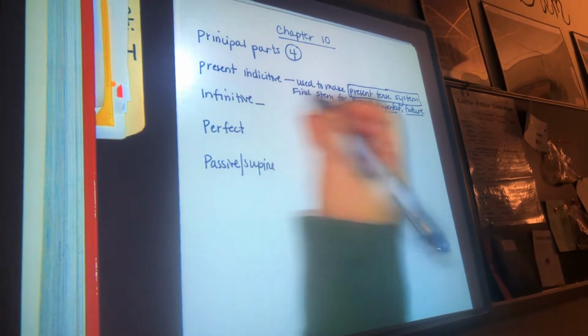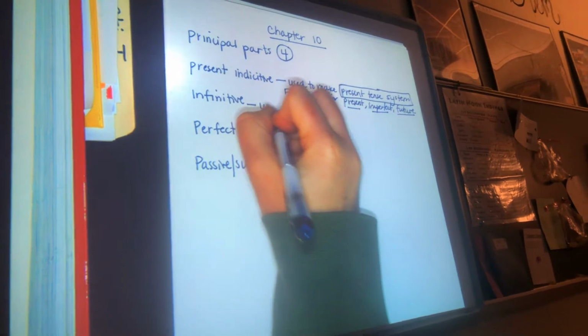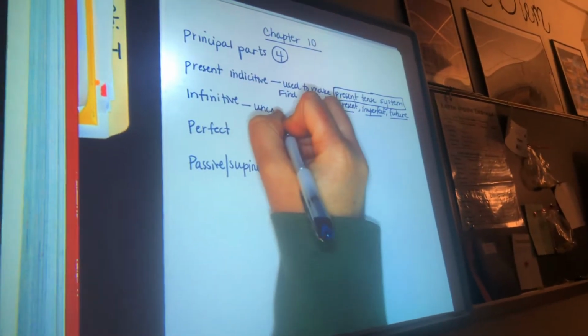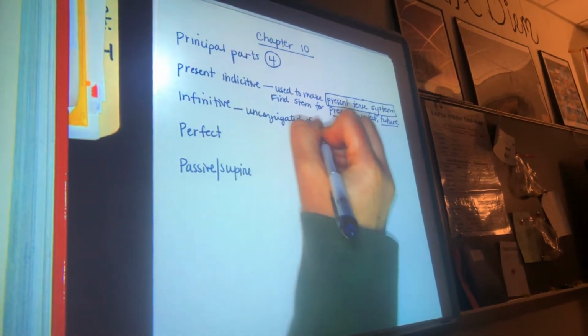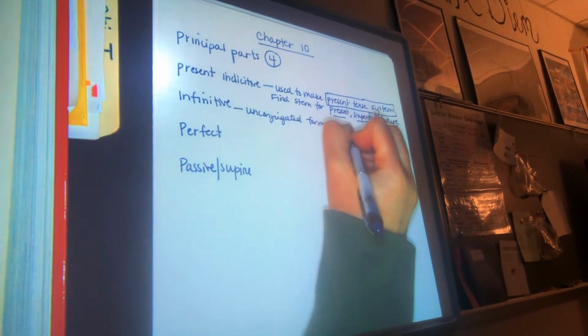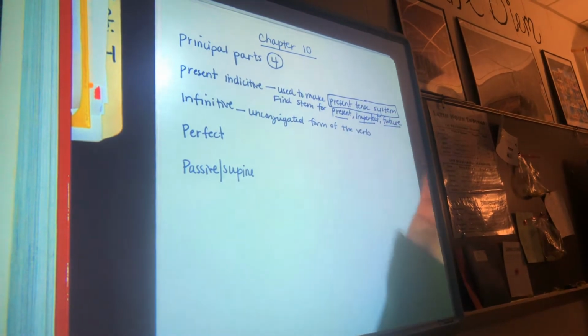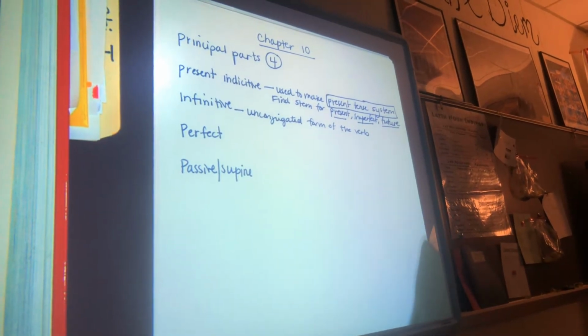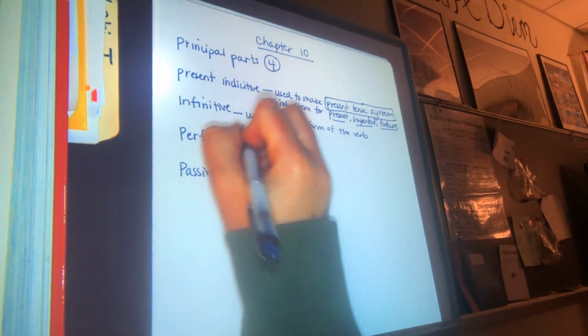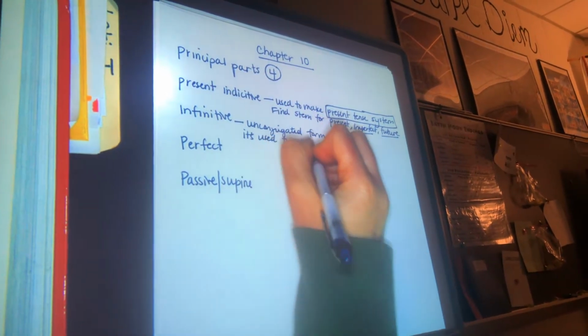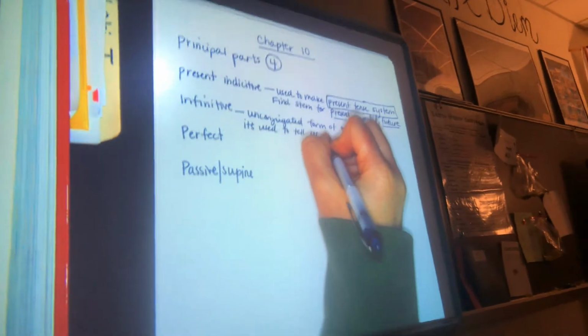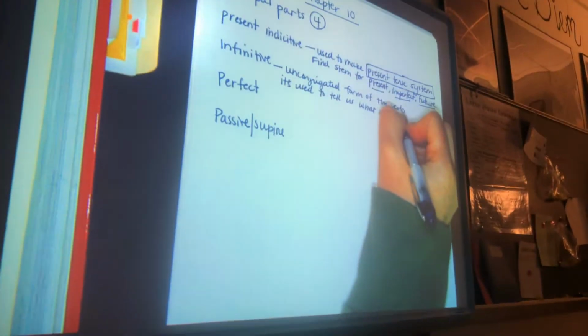The infinitive is an unconjugated form. It's used to tell us what conjugation the verb is.